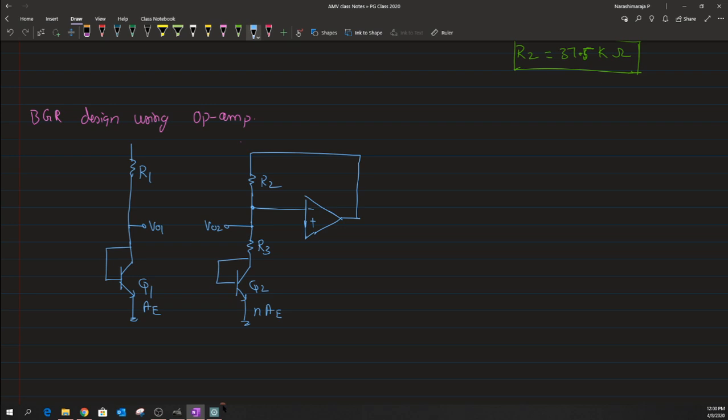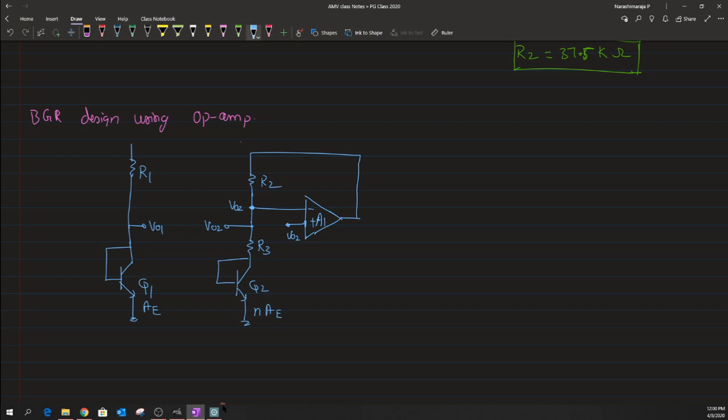Now this negative feedback will ensure that any voltage that I have here, which is basically VO2, has to be reflected onto this potential, onto this particular node. Okay, that is how a negative feedback works when this op amp that we are considering is an ideal one. Whatever potential I have here will have to be reflected onto this, and this is how we have the discussion about virtual ground and all those things, right?